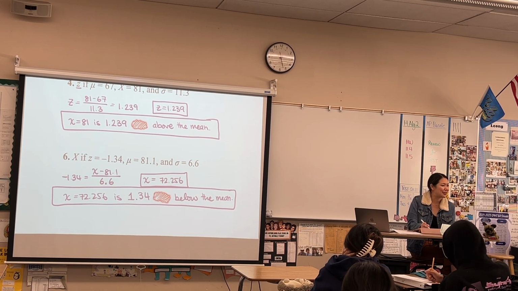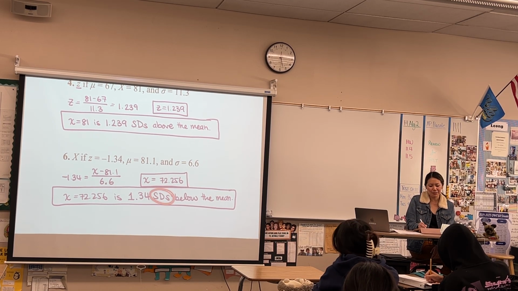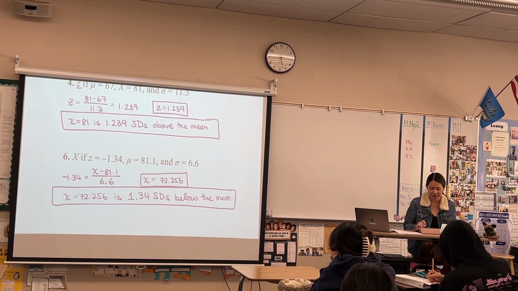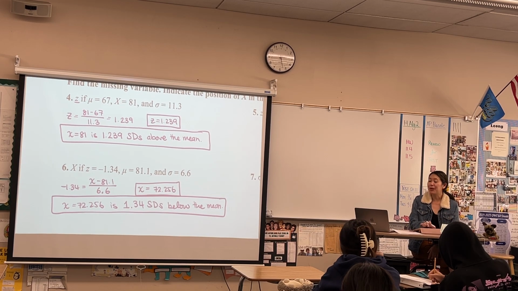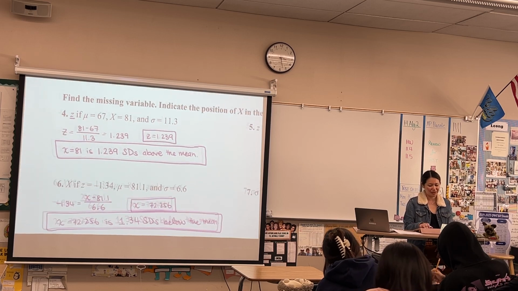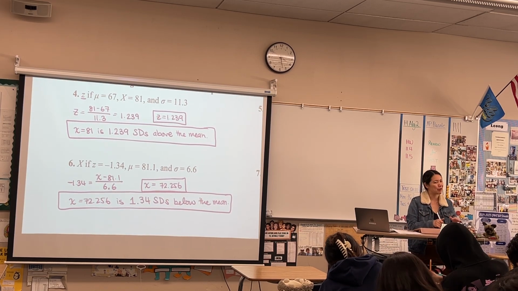So you have to tell me it's 1.34 standard deviations below the mean. And please don't write double negatives here. Don't say it's negative 1.34 standard deviations below the mean. Why don't you practice it? Numbers 5 and 7. I'll see what you get. Go for it.